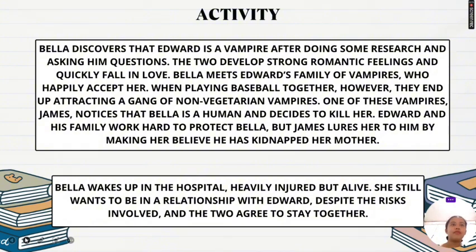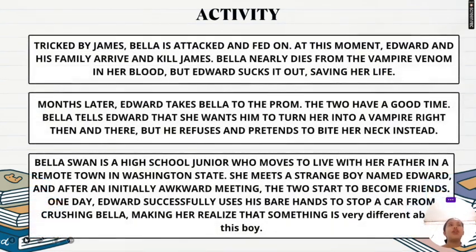All right, so let's proceed now to our climax. So, who wants to answer? All right, correct. So, the answer for our climax is box number 1. So, how do we know that this is our climax? Let us all read. Tricked by James, Bella is attacked and fed on. At this moment, Edward and his family arrive and kill James.